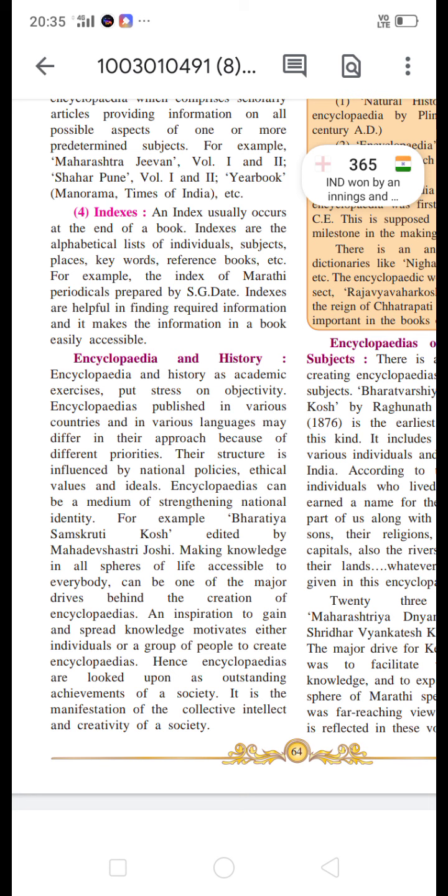Manifestation means something clear and obvious. It displays the collective intellect and creativity of the society, and it shows the obvious opinion of the society.